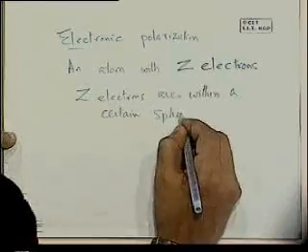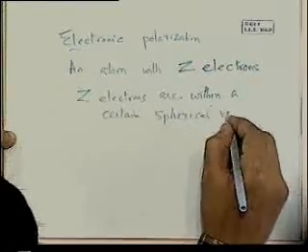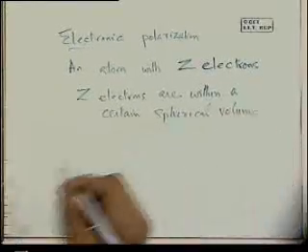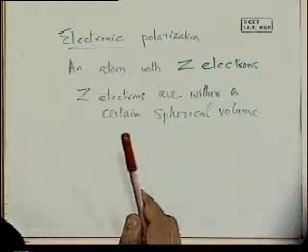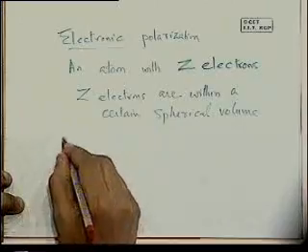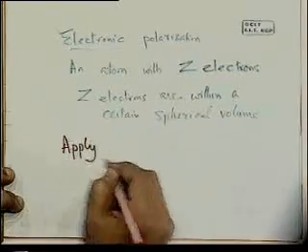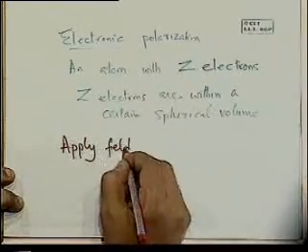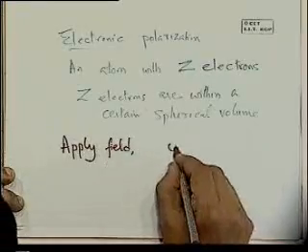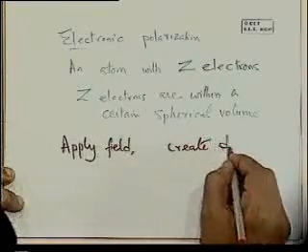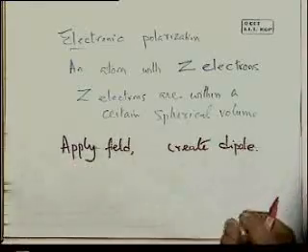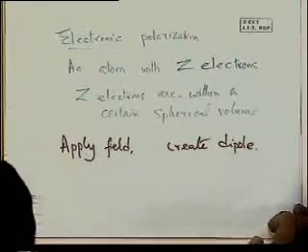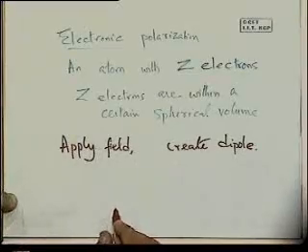These are some approximations, obviously, but it's there. As before, when we apply the field, we create dipoles. The centers of the negative charge are now separated, and we've got a dipole that is created.